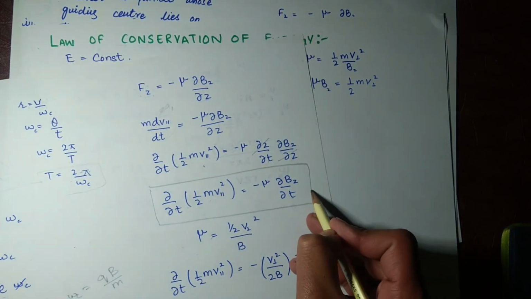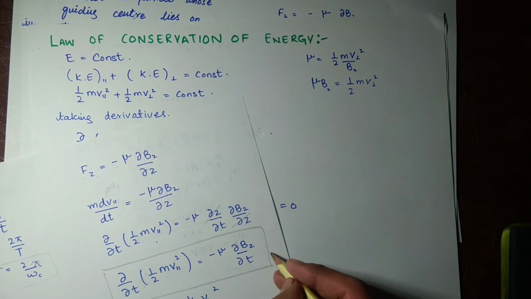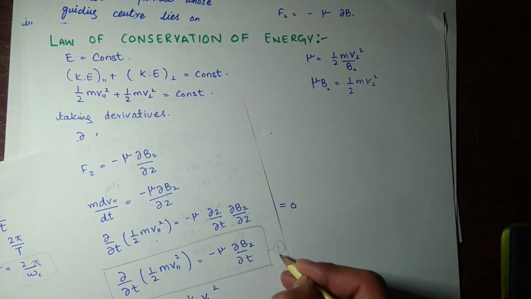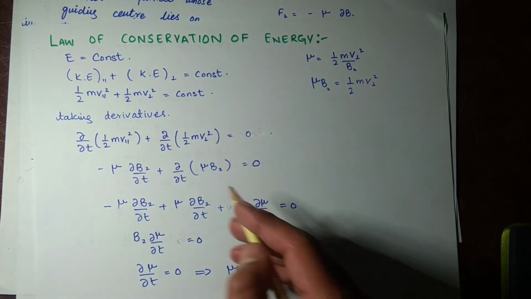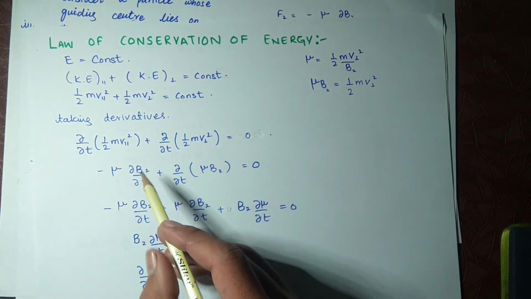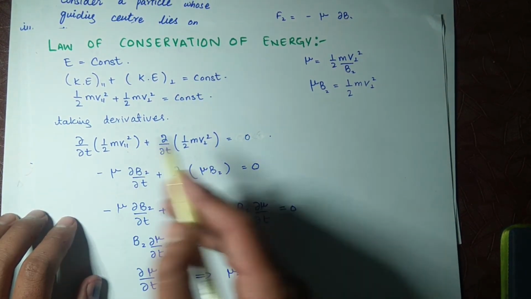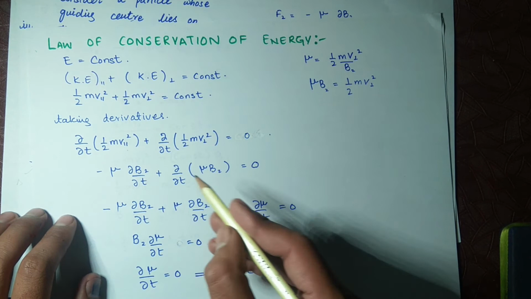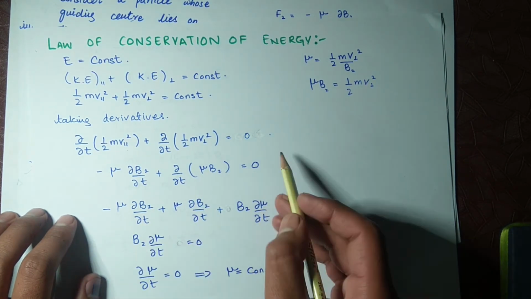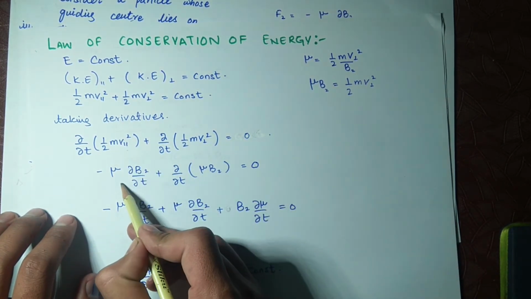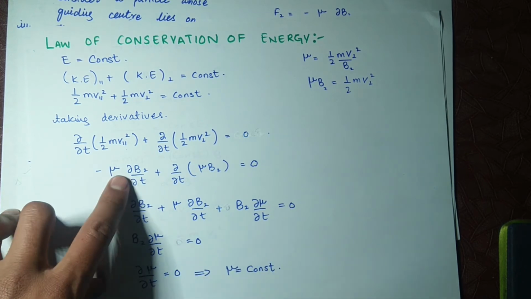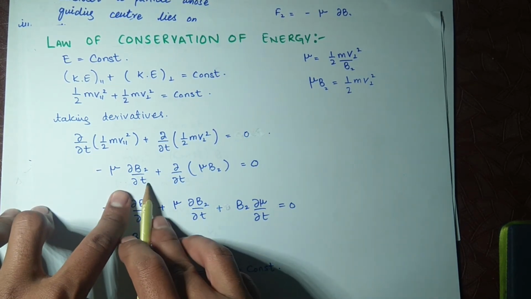Let's say that this is equation 1, and from equation 1 this value equals this. So from this equation, this value will be equal to minus mu partial b of z by partial t.